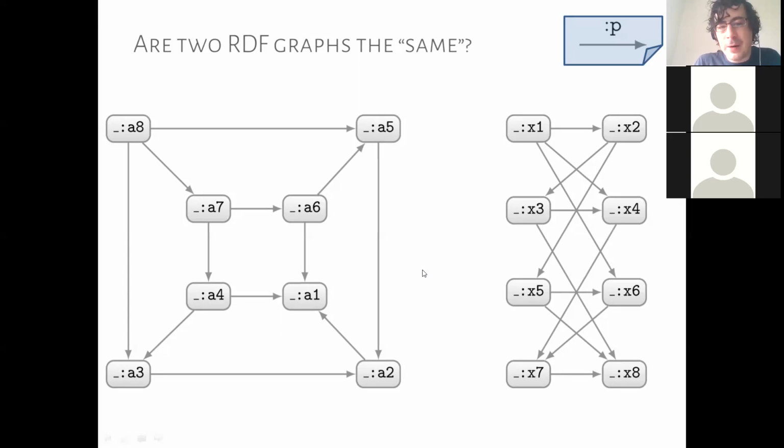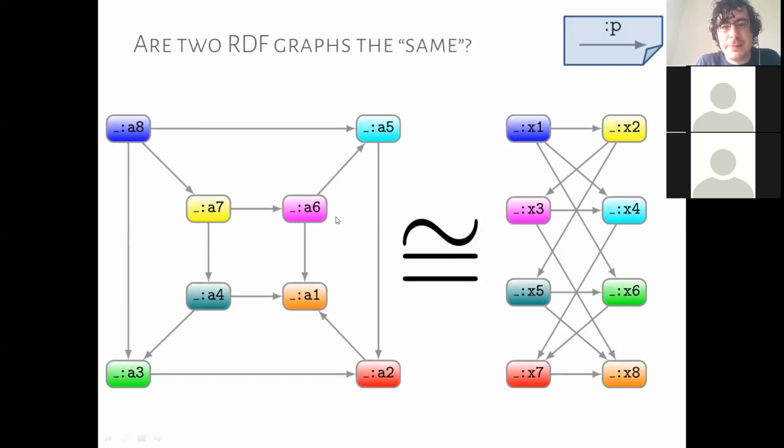But actually, this is a hard problem. If you were to even program this, this is not so easy. There are some tricks we can apply to make it easier. But in fact, these graphs are isomorphic. If we map the nodes with the same color between both graphs, we'll see that we end up with exactly the same graph. For example, this dark blue A8 maps to X1, in which case A5 becomes X4.